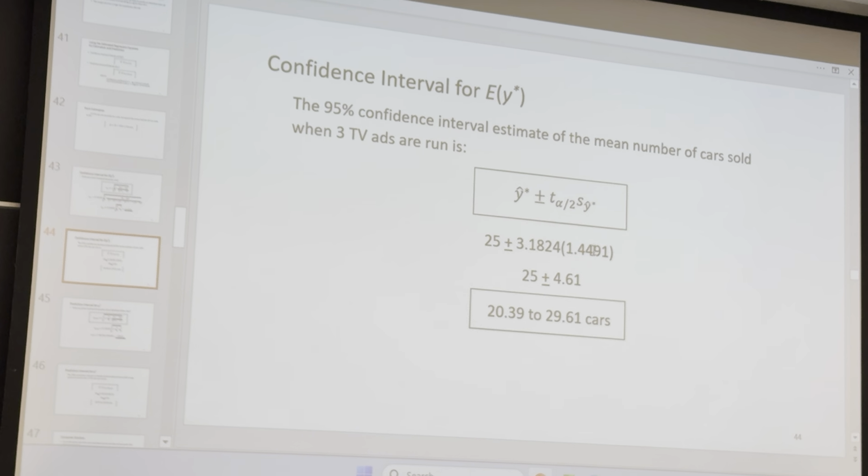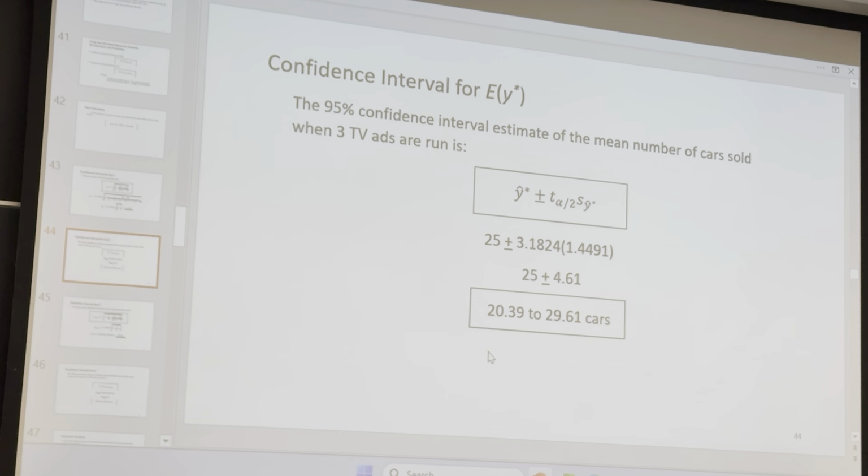Your standard deviation, when you're making an interval estimate for mean sales volume, is 1.4491, and the answer is 20.39 to 29.61. So with 95% confidence, I can say that if we keep advertising 3 times a month, our sales are going to be anywhere between 20.39 and 29.61 on average.